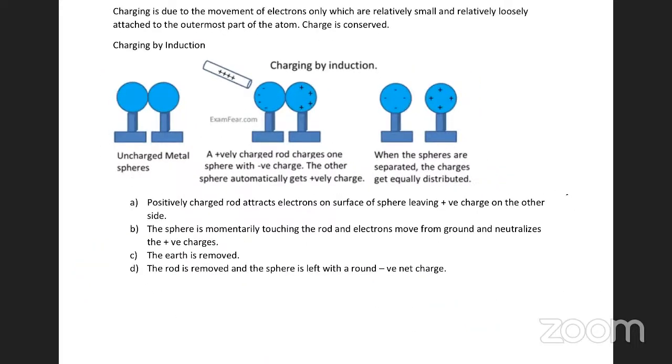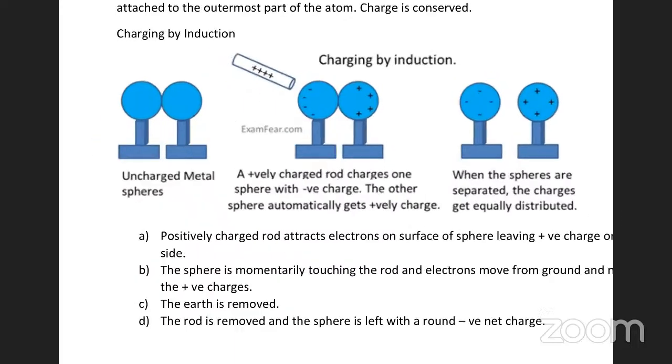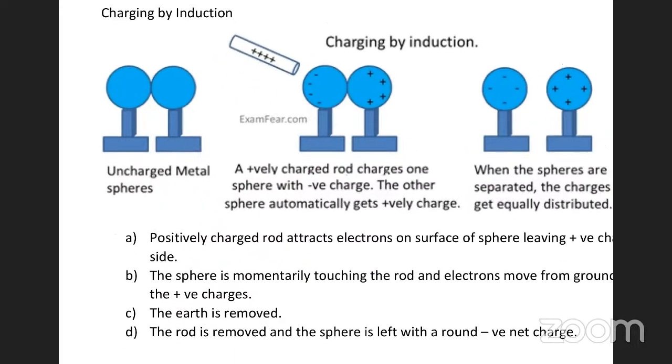And last thing, something called charging by induction. So watch this here. Initially, those metal spheres, are they charged? Look at the metal spheres. Are they charged? Nope. It says uncharged here. So they are not charged. But look at this here. If I were to bring a positively charged rod, what happens to this sphere? They get charged. So all of the electrons move to the left. So this side of the sphere becomes negative. This side here becomes what? Positive.